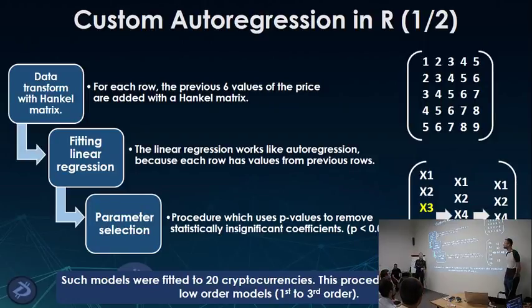What is a Hankel matrix? It is this one, a matrix with constant diagonals, as you can see there. Our linear regression works like autoregression because of the Hankel matrix, because each row of the matrix uses the value from the previous row.